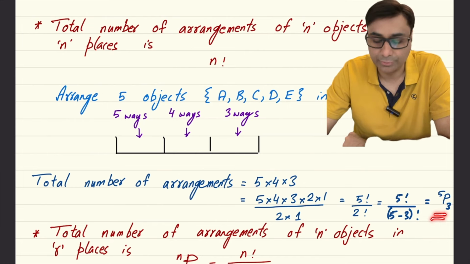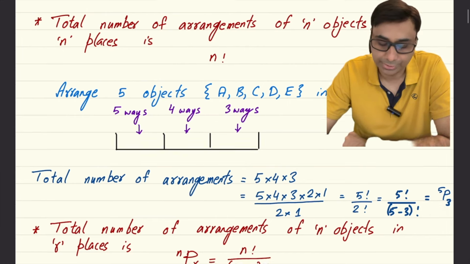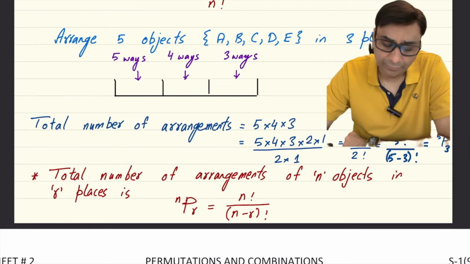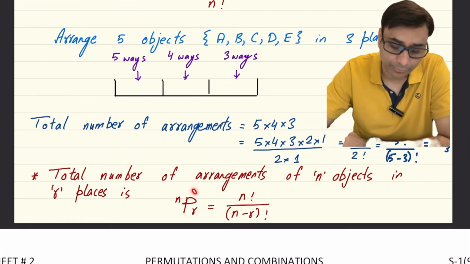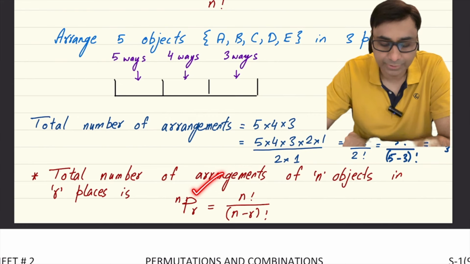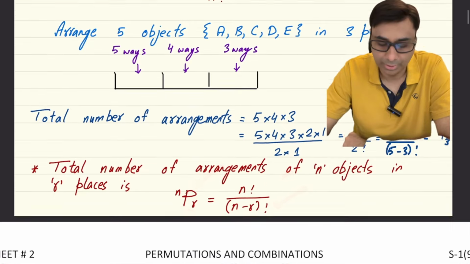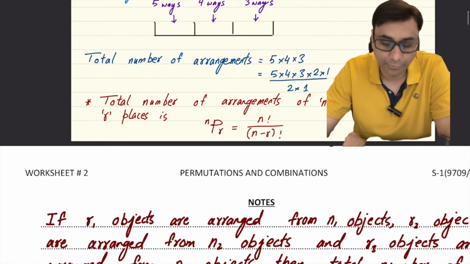So 5P3 is something you can directly calculate with your calculator. Hence, we have this standard formula for the number of permutations, which is nPr, and nPr is basically equal to n factorial upon n minus r factorial. So that's how you can get yourself the total number of arrangements.